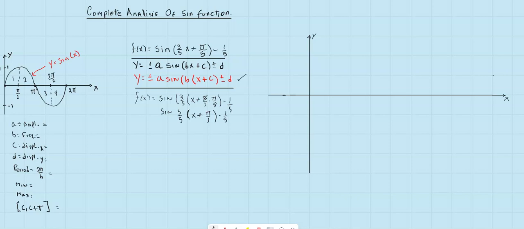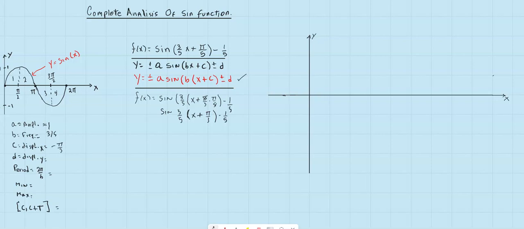And now we can find our amplitude. Our amplitude is A, so it's 1. There's a 1 right here. Our amplitude is 1. Our frequency is 3/5. Our displacement in the x direction is going to be the opposite of positive pi over 3, which is going to be negative pi over 3.